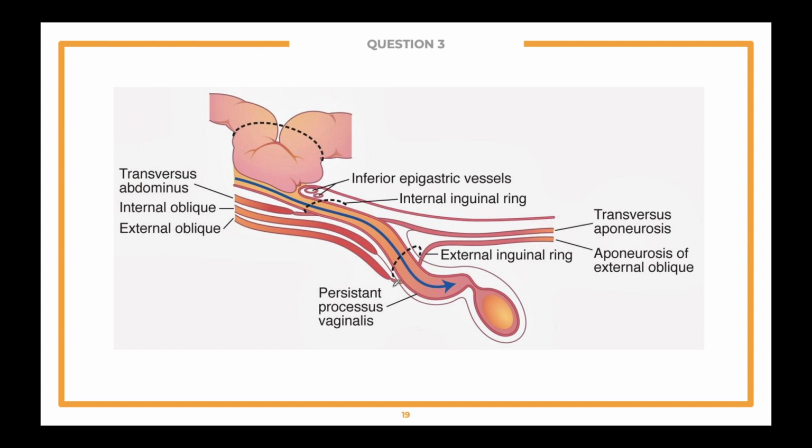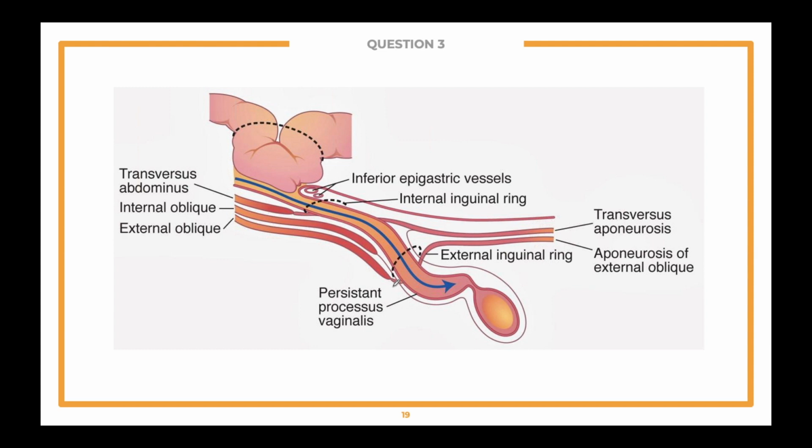So this question is, of those three things: transverse abdominis, internal oblique, external oblique, those are the three structures that indirect hernias travel adjacent to. Those are all there on the left side of that image.